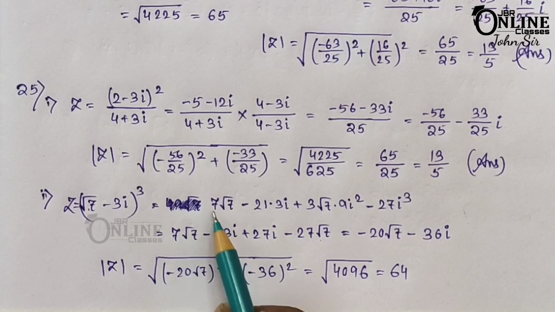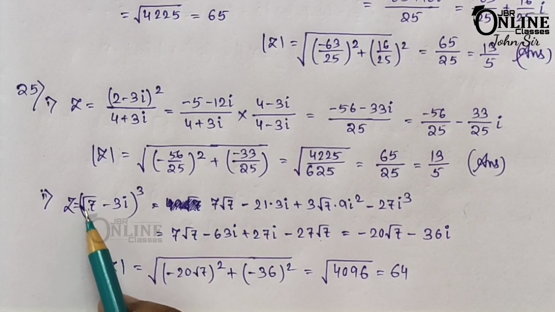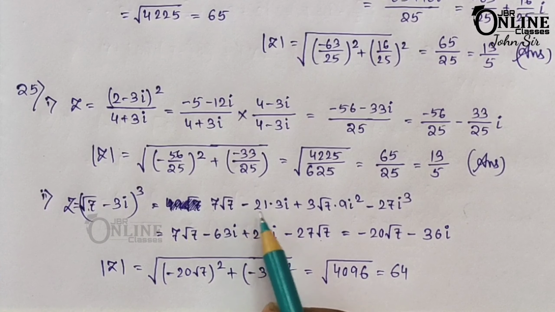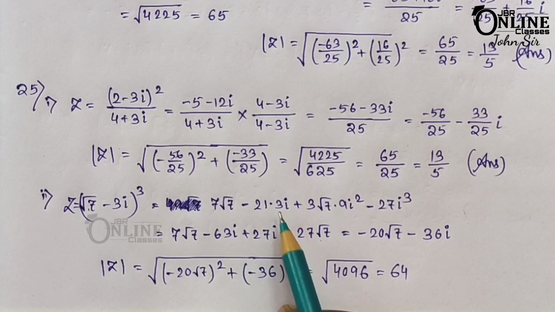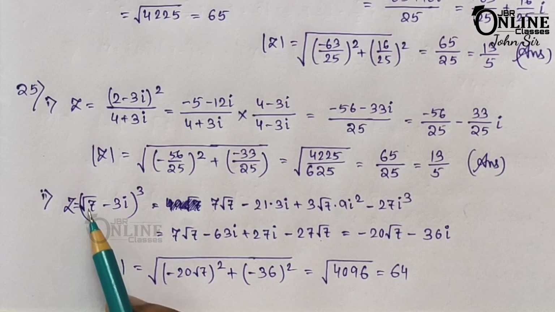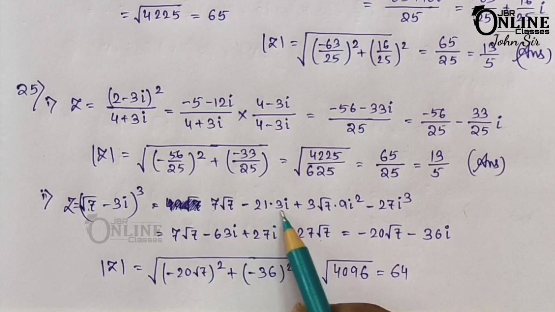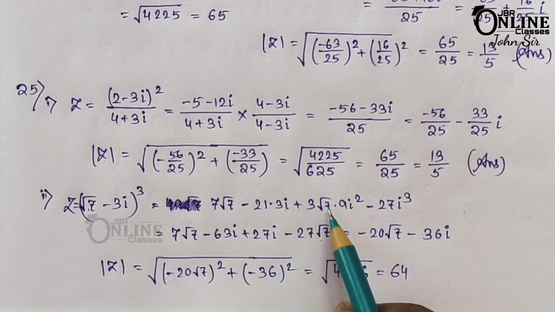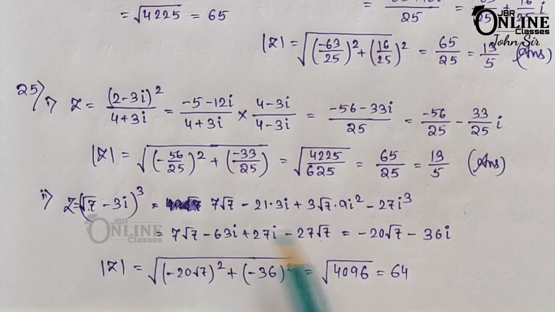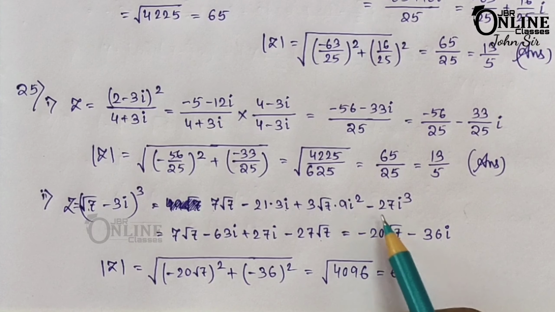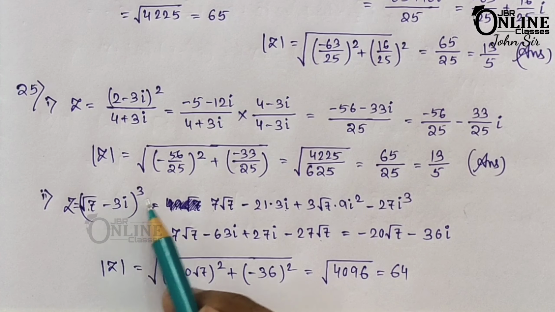So now it will be root 7 whole cube minus 3a square b is the formula. That means 3 into a square means root 7 whole square, so 3 into 7 is 21, and then 3i as b, plus 3a into b square means 3i whole square, so 9i square, and the last one will be minus 3i whole cube.